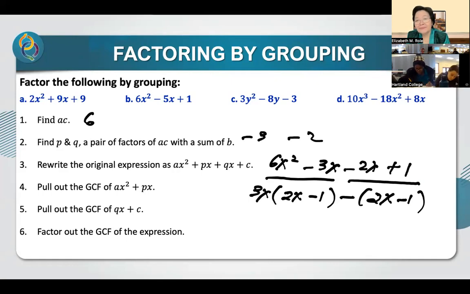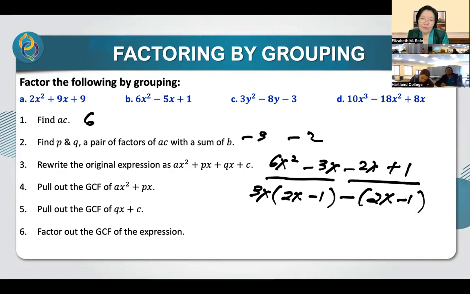You factor out a minus 1, which is the common factor of 2 and 1. You want to make sure that one of the factors will be common after doing the grouping.